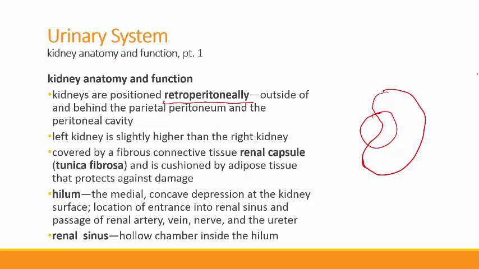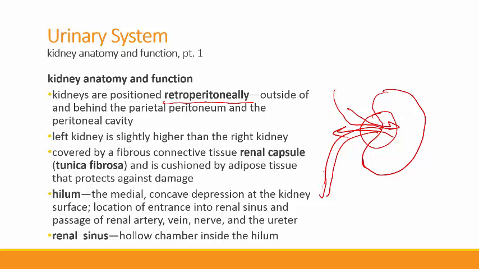The hilum is medial toward the center line, and it's the area where the renal artery brings blood to the kidney. The renal vein takes blood away from the kidney. There's a nerve that enters here at the hilum, and then this is where the ureter passes out and sends urine from the kidney.